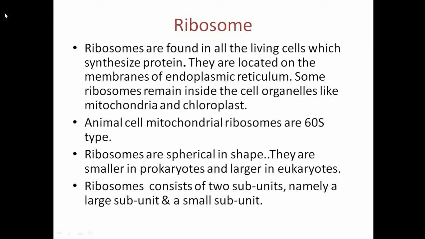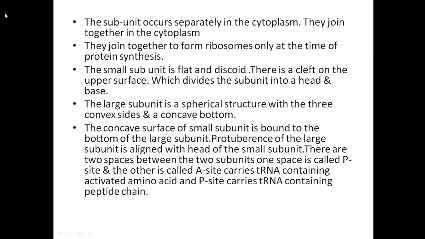These ribosomes are spherical in shape. They are smaller in prokaryotes and larger in eukaryotes. Ribosomes consist of two subunits, namely the large subunit and a small subunit. The subunits occur separately in the cytoplasm. They join together to form ribosomes only at the time of protein synthesis.